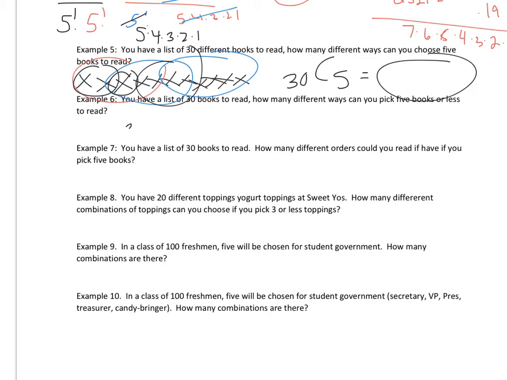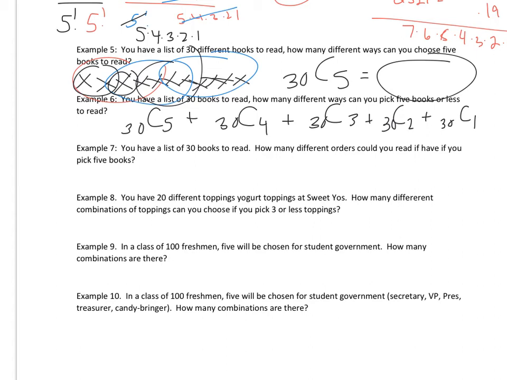So you could read 5 books, you could read 4 books, you could read 3 books, you could read 2 books, or you could read 1 book. So you're going to add these together on your calculator.